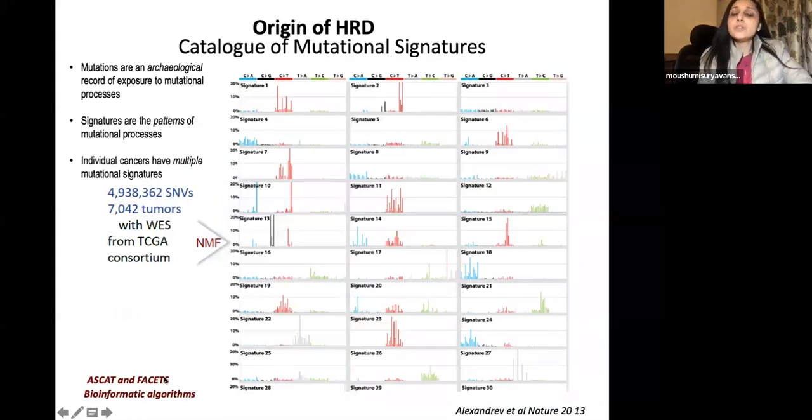Okay. So what is the origin of this HRD or homologous recombinant deficiency signature? Mutations are an archaeological record of exposure to mutational processes. What I mean by this is that there are certain processes which cause mutations, like maybe aging, ultraviolet rays, and certain types of carcinogens like aflatoxins.